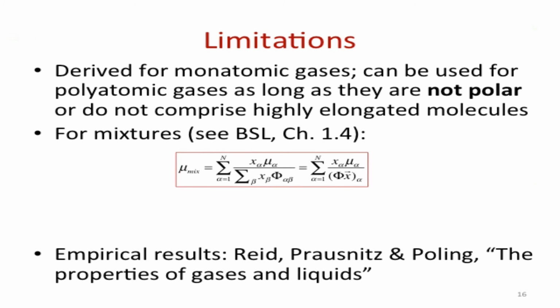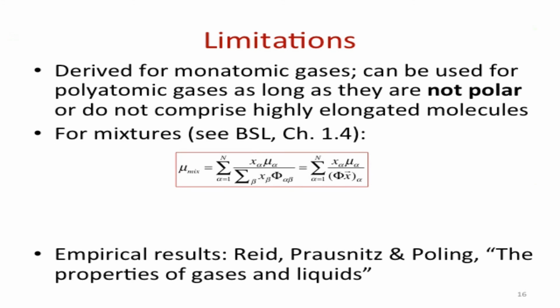But if you have a mixture of different molecules, none of the theory that we had here before applies directly, because I'm not going to have a Lennard-Jones potential for two different types of molecules. Okay? But there are adjustments that are based on the actual fraction of each gas that you have.